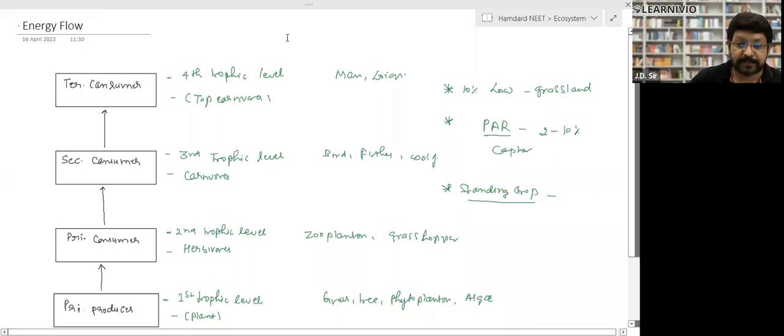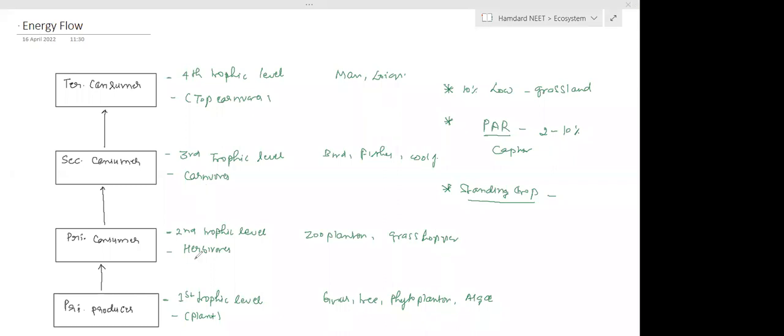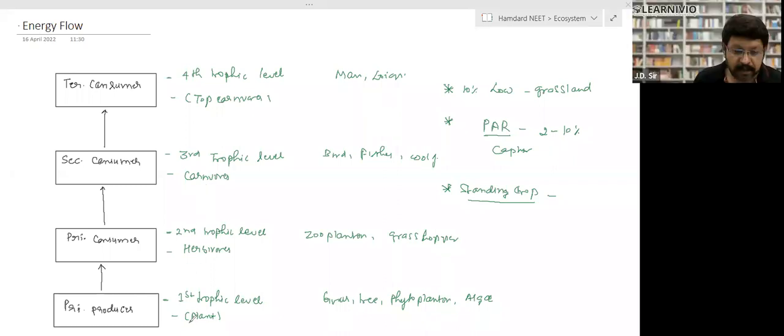You have to understand that producers are the food level. Food level is the food chain, right? Trophic level is the food chain, right? So plants are always at the first trophic level. Then those animals which eat plants are herbivores basically. So plant-eating animals are herbivores.